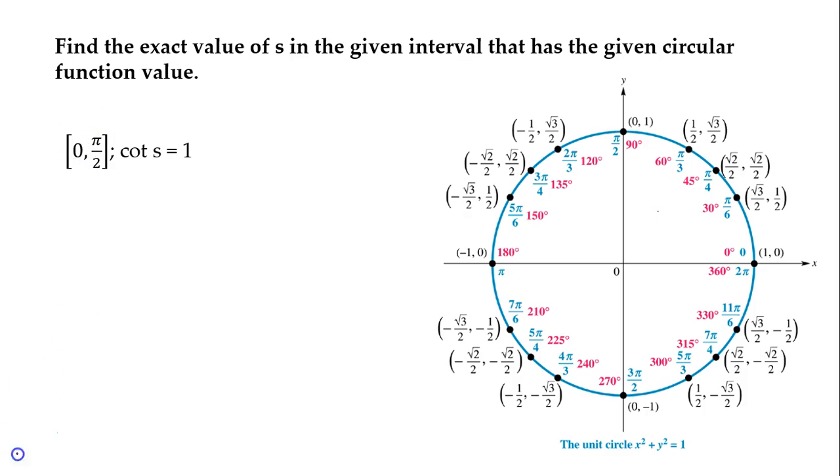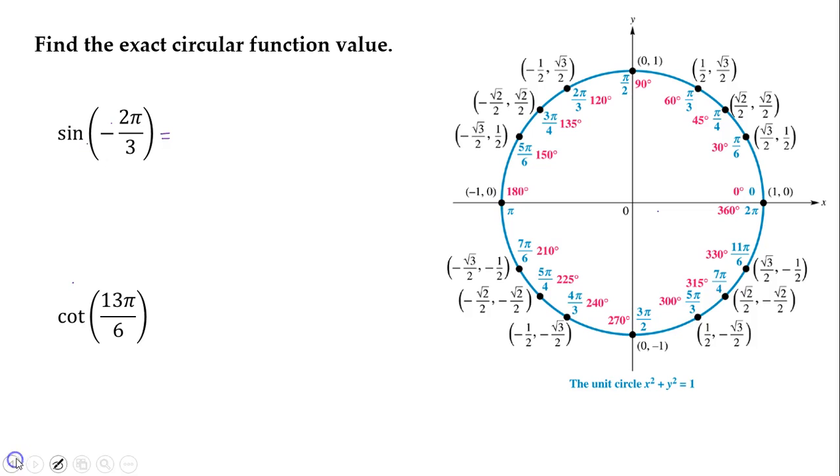Okay, on the first one, where it says sine of negative 2 pi over 3, what we'll do is add 2 pi to this, so we can get a coterminal angle somewhere between 0 and 2 pi. If we're adding fractions, we need to get a common denominator, and that would be 3. So 6 pi over 3.